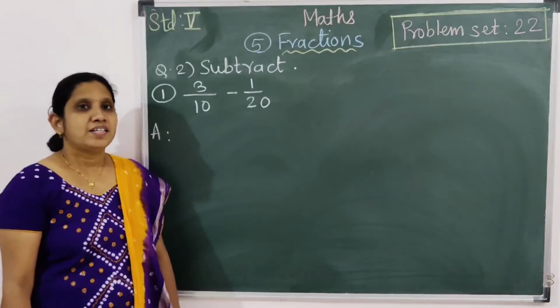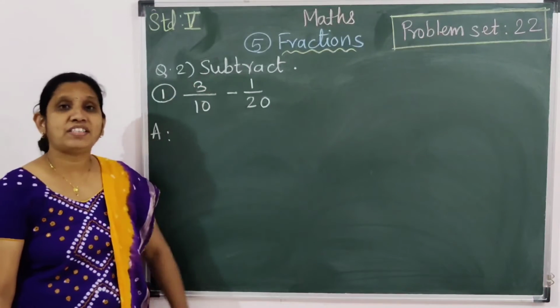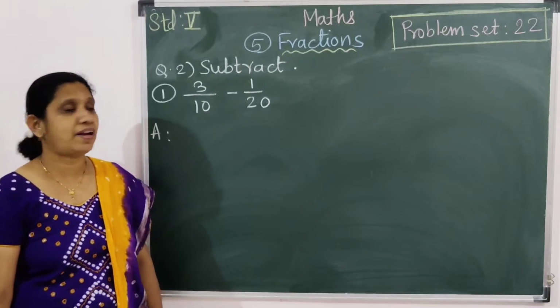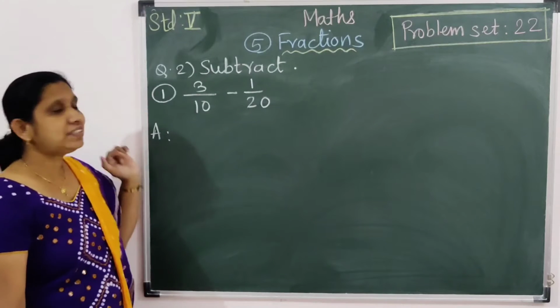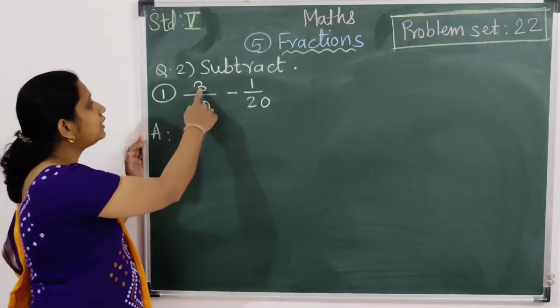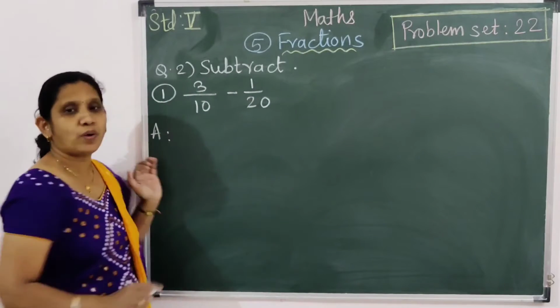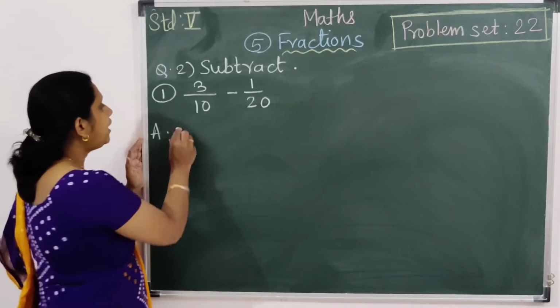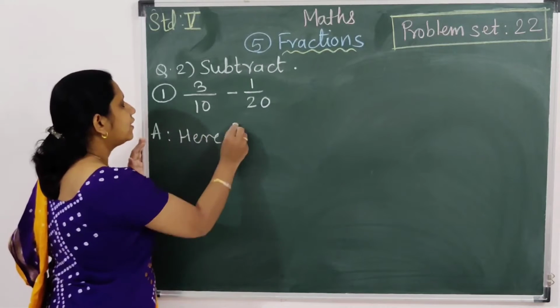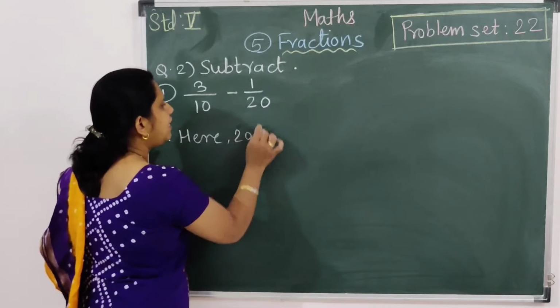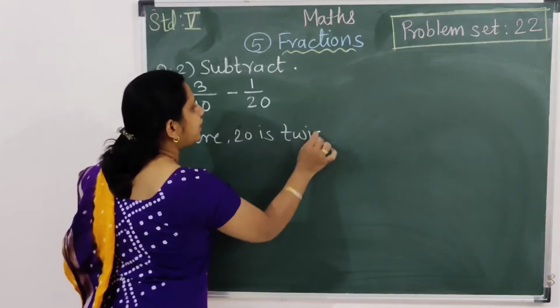Alright, students, let us study question number 2, that is subtract. See, in the first example, fractions are given: 3 upon 10 minus 1 upon 20. Here, 20 is twice of 10.